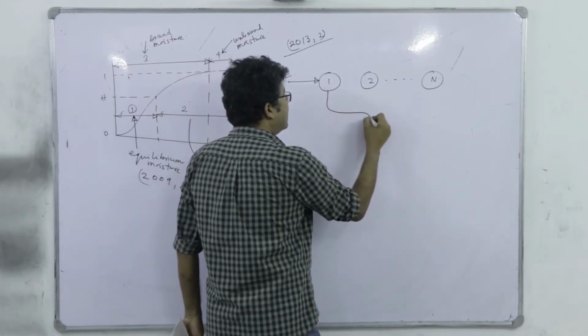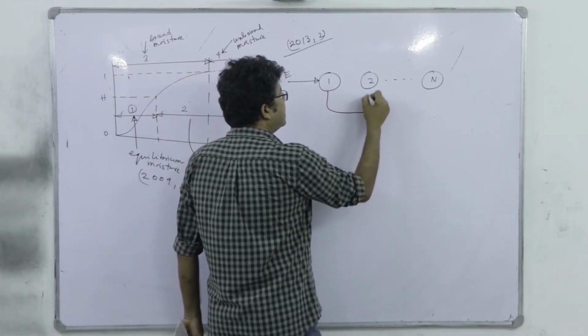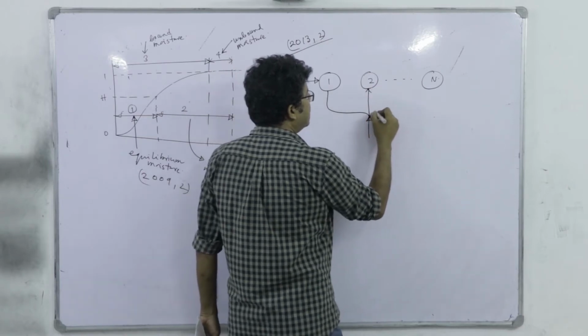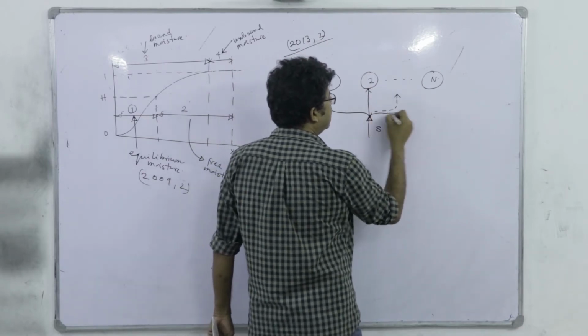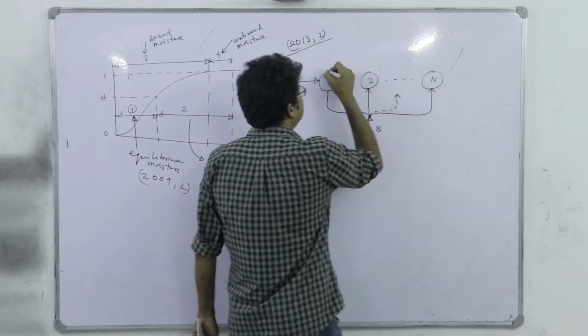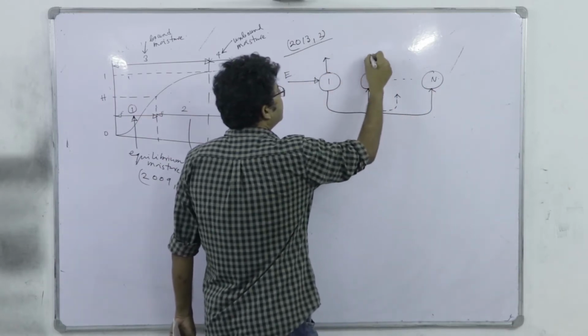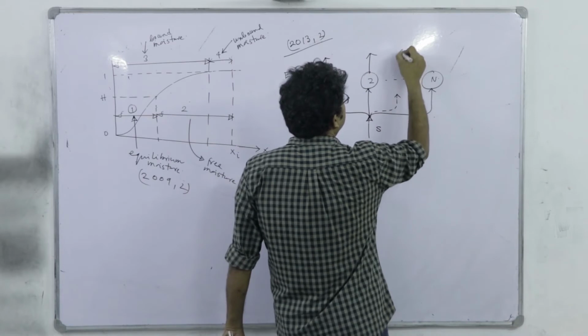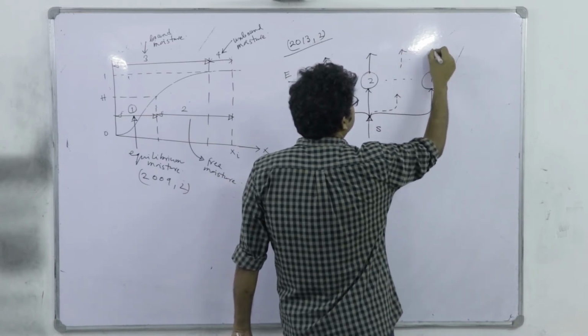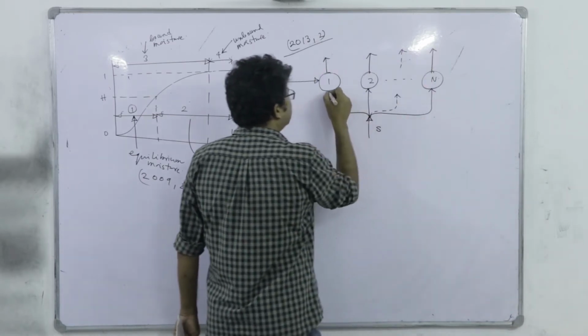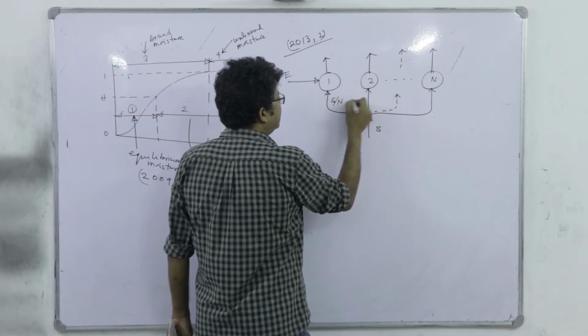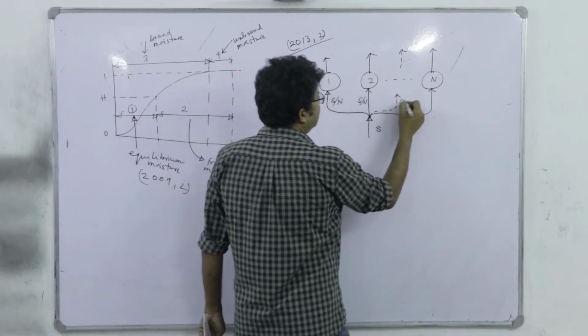So you are giving the solvent to all stages equally, so the amount is obviously S by n, S by n.